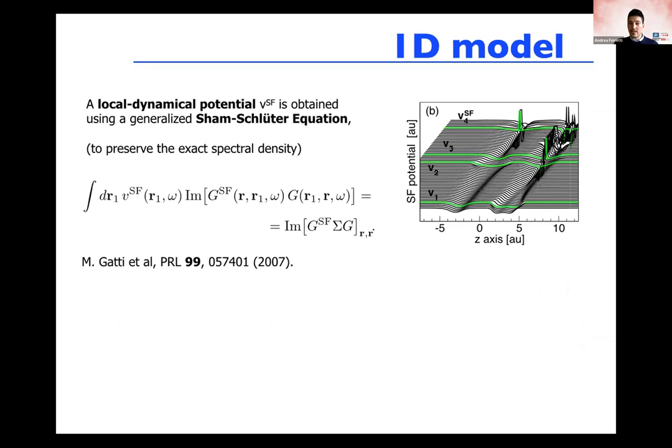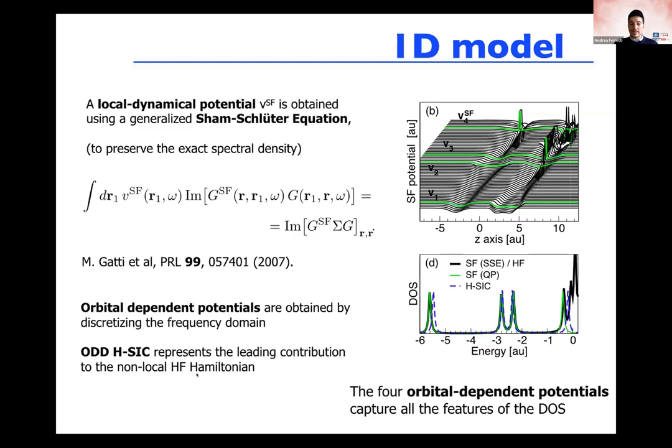Okay, so spectral quantities are not reproduced in Kohn-Sham theory. That doesn't come as a surprise. Instead, we can solve the Gatti Sham-Schlüter equation, and we obtain a series of potentials, frequency dependent, and by construction, this reproduces both the density or the spectral density and the position of the peaks.